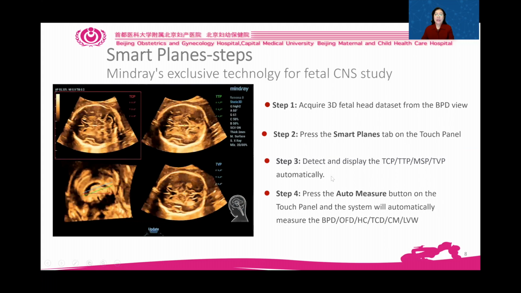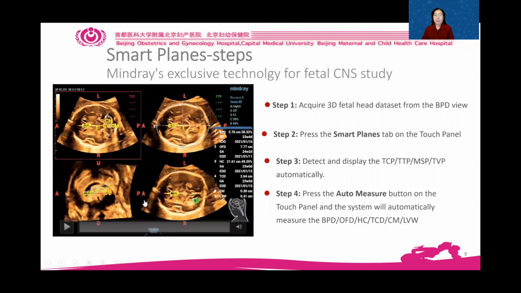Step 3, detect and display the TCP, TTP, MSP, TVP automatically. Here, it's very quick. Step 4, press the automate button on the touch panel, and the system will automatically measure the BPD, OFD, HC, TCD here, and CM and LVW.